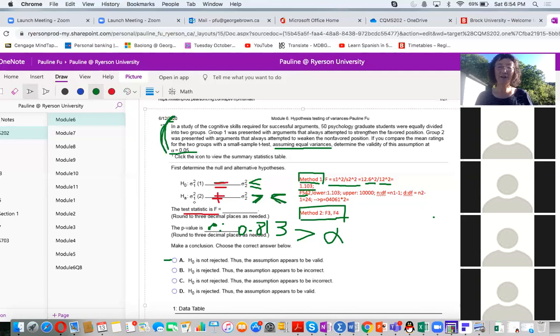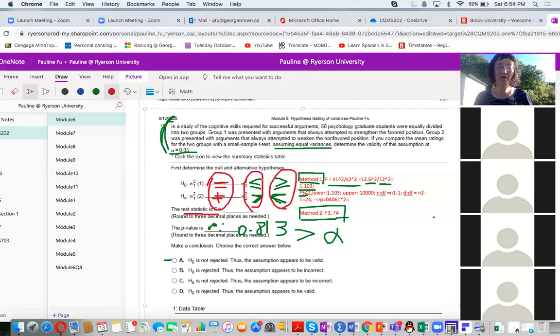Suppose you use smaller as H1, H0 usually is greater or equal. So they have to pair together, this together, and this together, usually. I say usually because there are some other combinations.